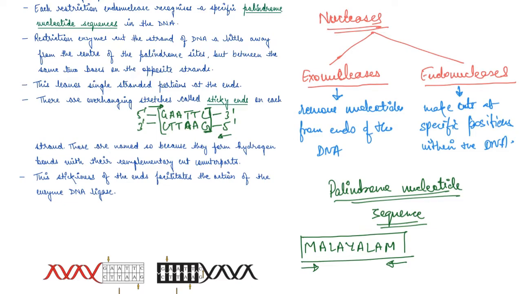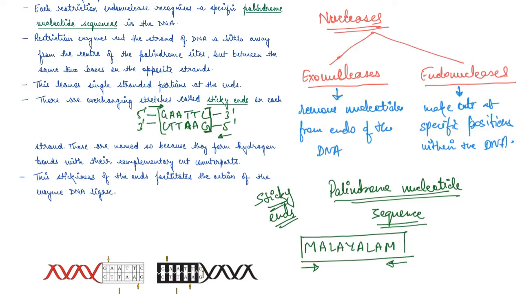They make a gap between two bases on the opposite strands, and this leaves a single-stranded portion at the end. So there are overhanging stretches at one end, and these stretches are known as sticky ends.